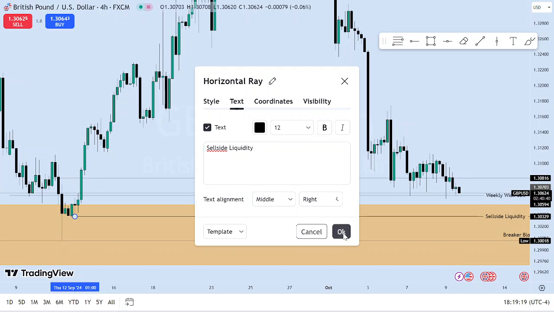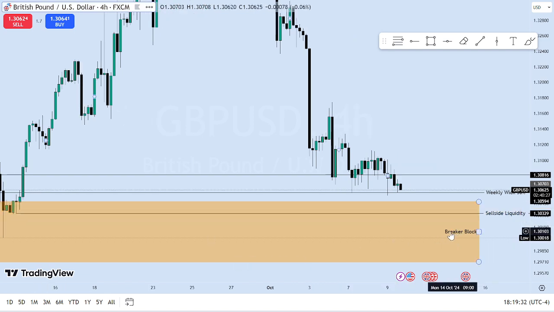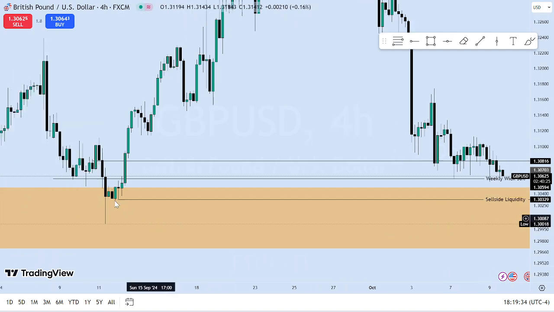Sell side liquidity. So price is coming to seek the low here, resting the sellers' liquidity resting below here, then delivering into this daily breaker. Then we have a long wick here.